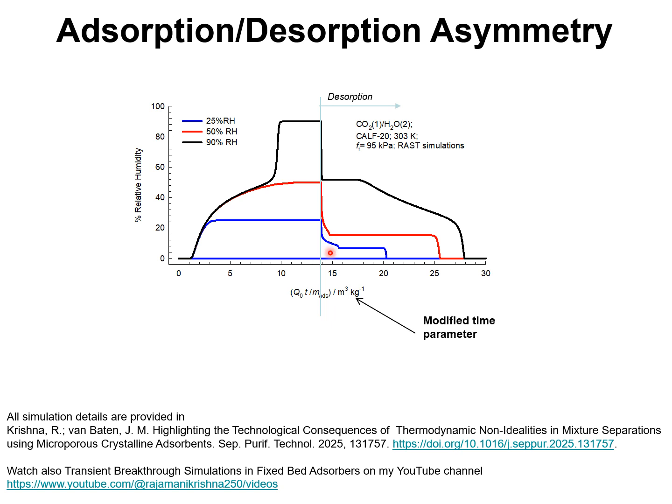At this time, desorption starts, and the percentage relative humidity in the gas phase reduces to 0 for times approaching equilibrium.